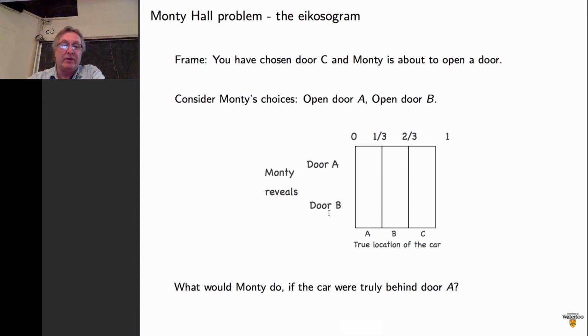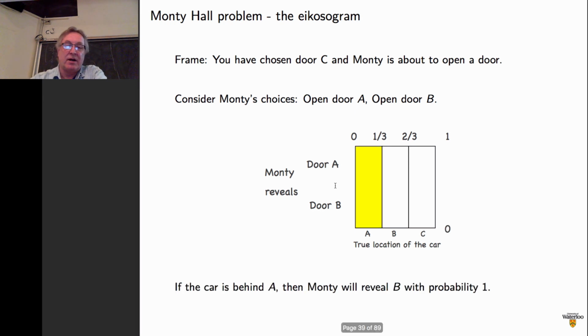He's not going to reveal door A because that shows the car. So you can color that in. Okay? Now if the car is behind door B, what's the probability that Monty reveals door B? Nada, right? He's not going to show that. That would be dumb. So that's 0.